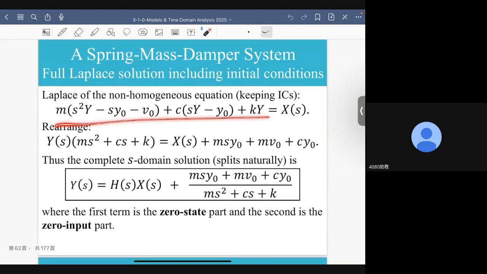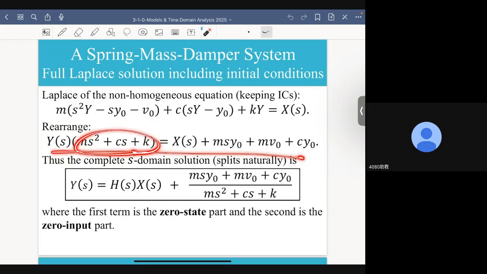Now, we can rearrange this algebraic equation. The purpose here is, of course, to solve for y, because we want to know how the system responds to a given input, which is x in this particular case. After dividing both sides of this equality by this polynomial, which I'm sure you are very familiar with, called the characteristic equation, this is what we will get.